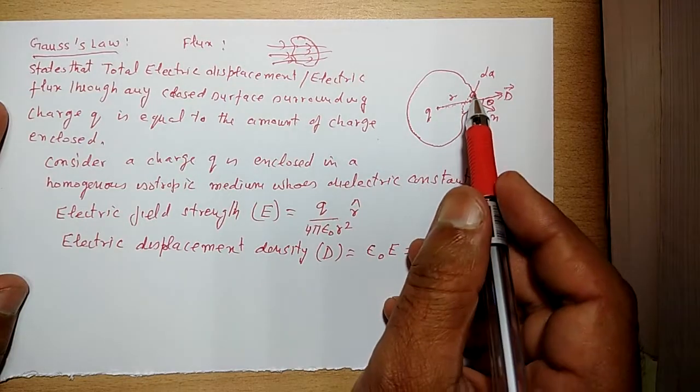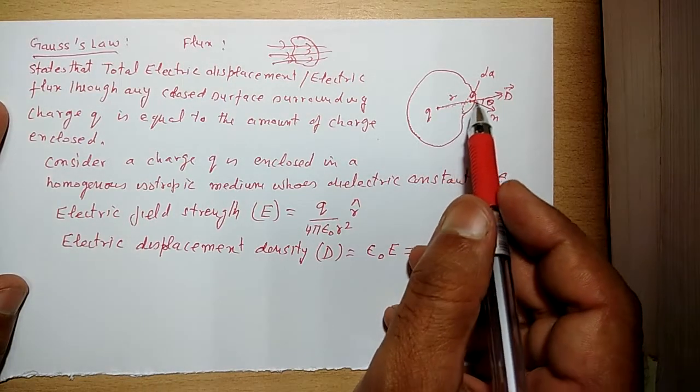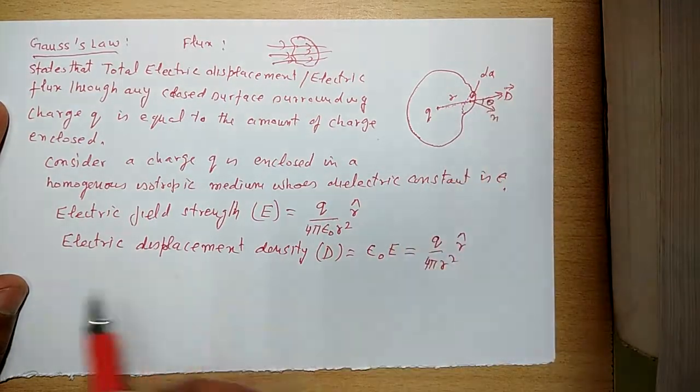And now we want to find what is the total flux through this small area element dA.